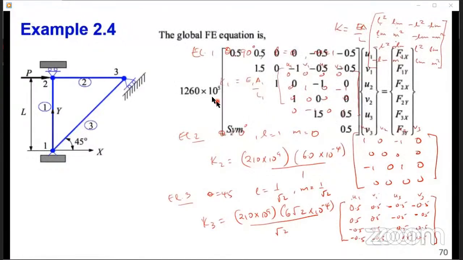So I wanted to project now our equation. Hope you can see it. Yeah? So our equation now is as a result of superimposing the matrices.